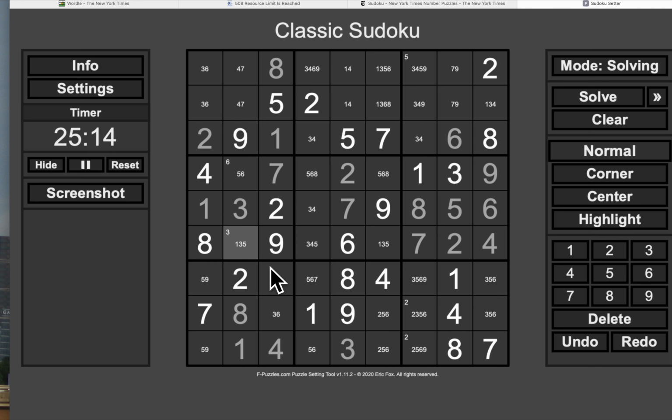Which means that's not 3. And it can't be 1 because I just placed it, so that's a 5. Which tells me that's 6. Well, that 3 tells me that's 4. Which says that's not 4.